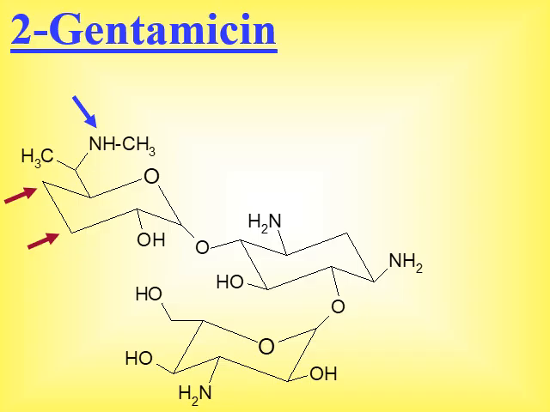Another example of 2-deoxystreptamine is gentamicin. You see the structure of the gentamicin. We have here the 2-deoxystreptamine. By looking at the glucose, the blue arrow here, the red arrow, no hydroxyl group, so no phosphorylation and no adenylation can take place.